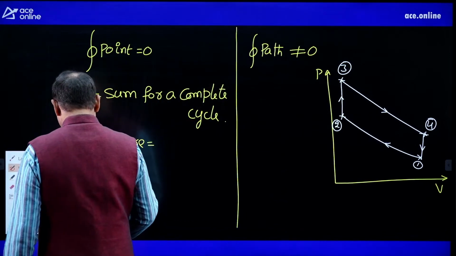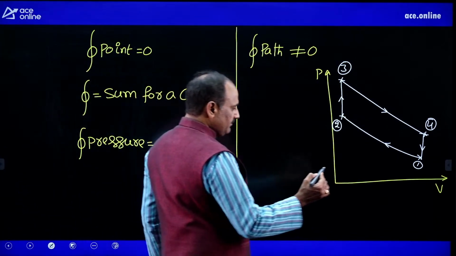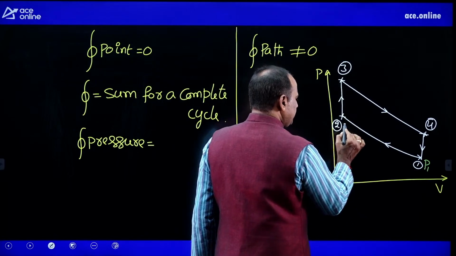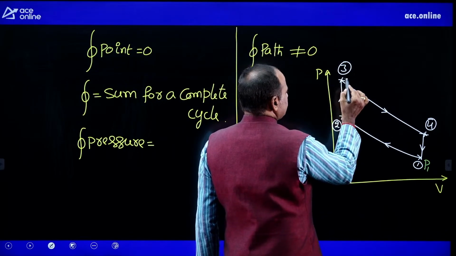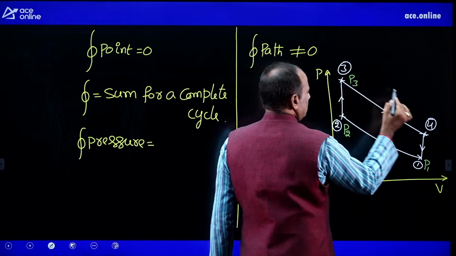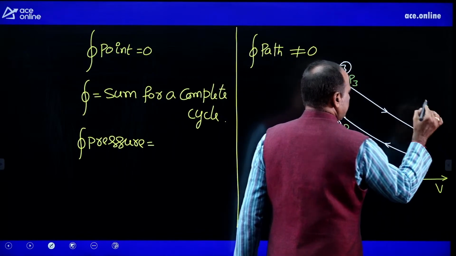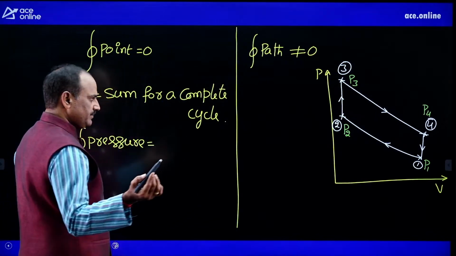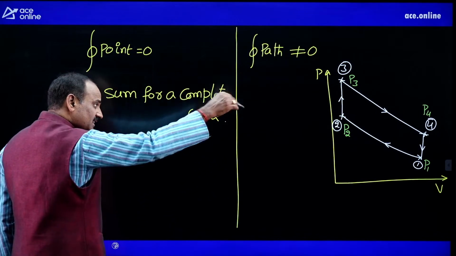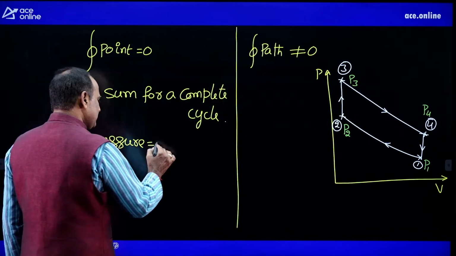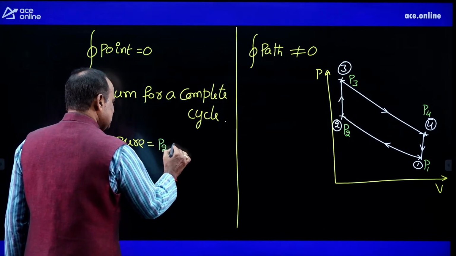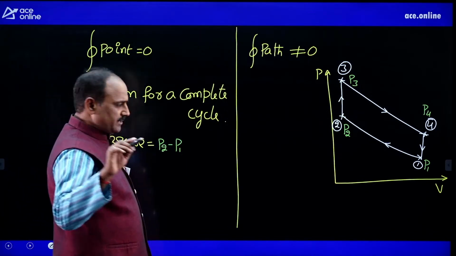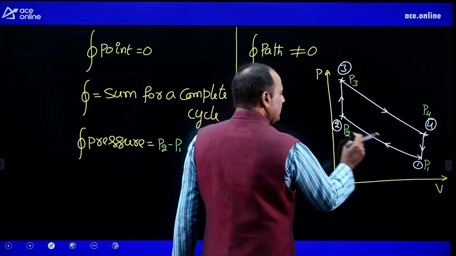Assume the pressure of the material at state 1 is P1, at state 2 is P2, at state 3 is P3 and at state 4 is P4. Then the cyclic integral of pressure for that cycle is P2 minus P1 for the very first process, since pressure is a point function quantity.